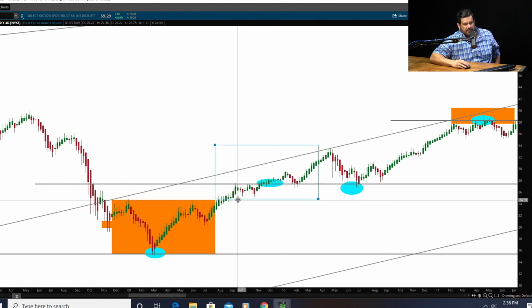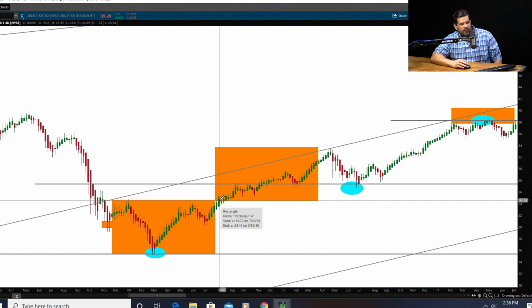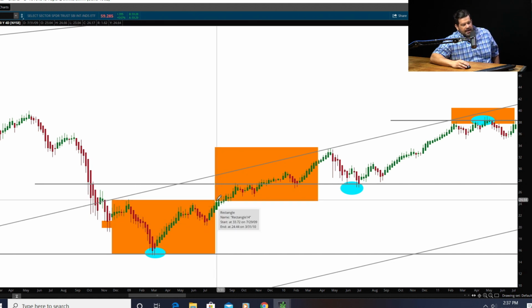Same thing that we were talking about before: you have this range box, so this pattern makes a range. And then once it breaks out, we can also see that this was about the same timeline. So again, from this shoulder over here to this shoulder, when it broke the neckline, you can see that it was from November to August.